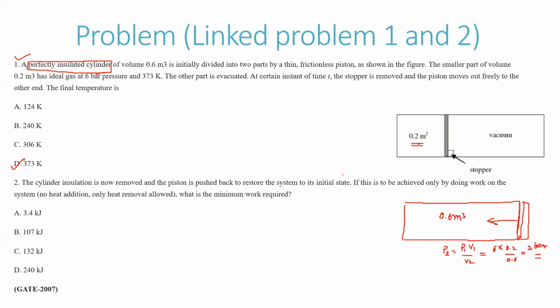So what is the minimum work required to go back to its initial state, that is 0.2 meter cube, back to this condition? In order to get back to this condition, we need minimum work done. Now, if you observe the PV diagram for this problem, the PV diagram is going to be something like this.